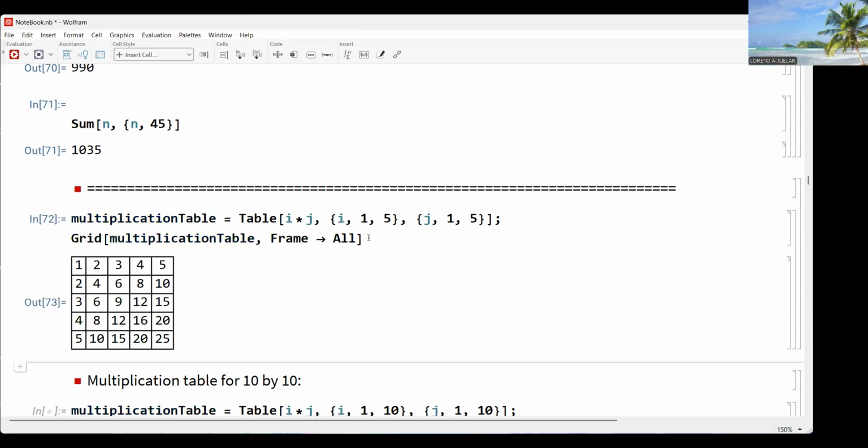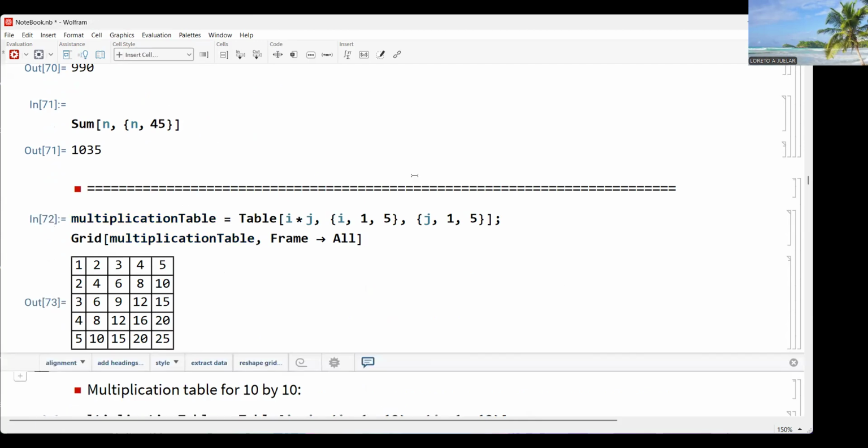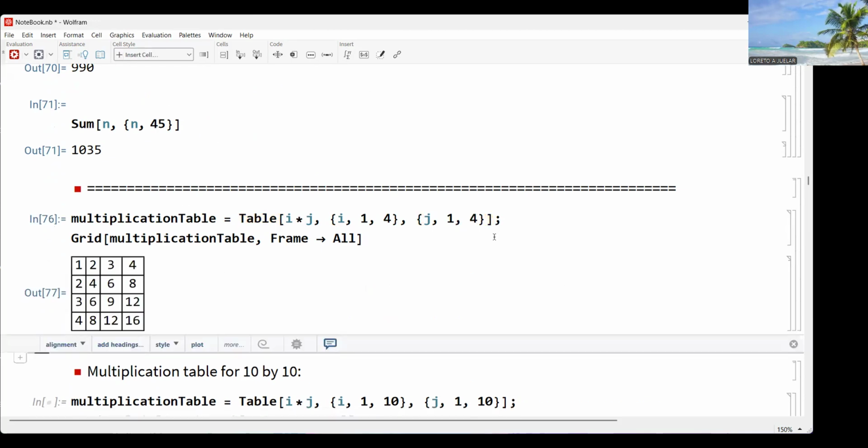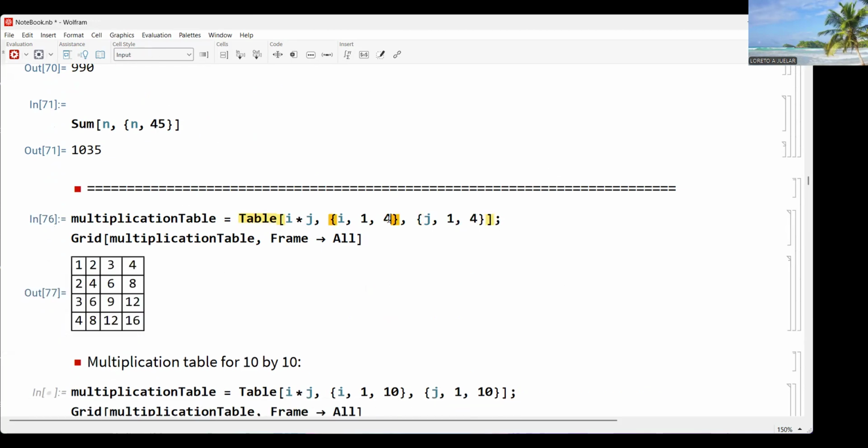Now, here's how you use Mathematica in making multiplication tables. For example, you want to have a multiplication table, 5 by 5 here. We can also have 4 by 4, or we can have 10 by 10.